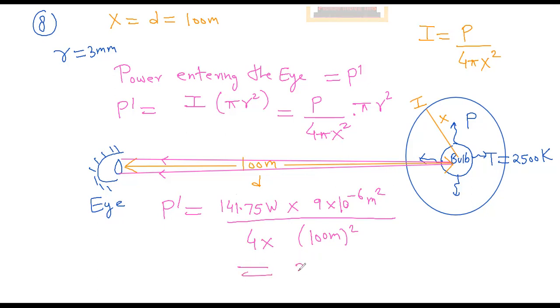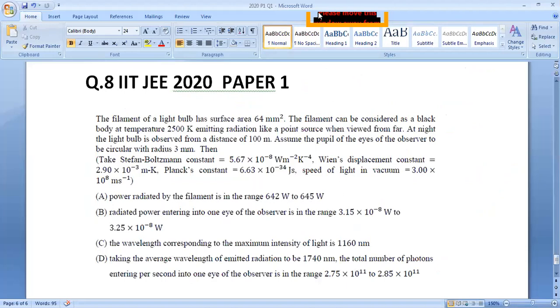So this will come out to be 3.189375 into 10 raised to minus 8 watt, and this implies that it is in the range given in the question number 8 and option B is correct.